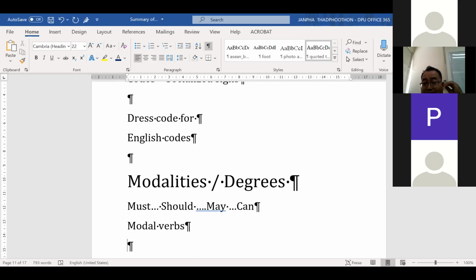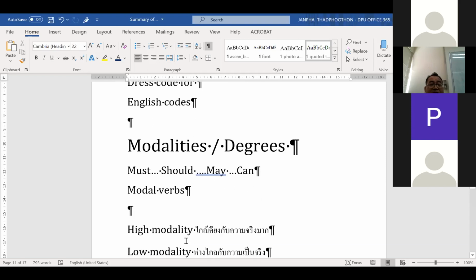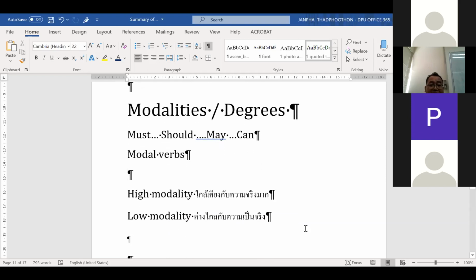If you say must, it's really fixed. If you say may, there's a big difference between may and must. Okay? This is modal verbs.